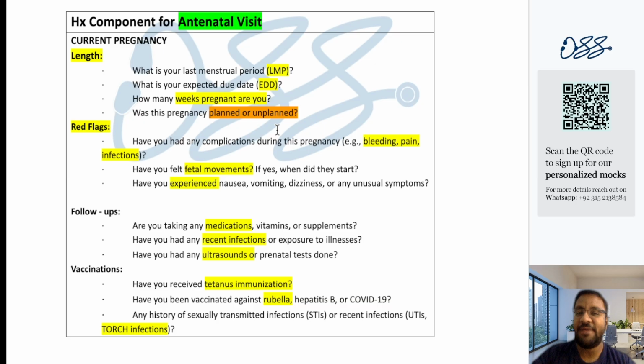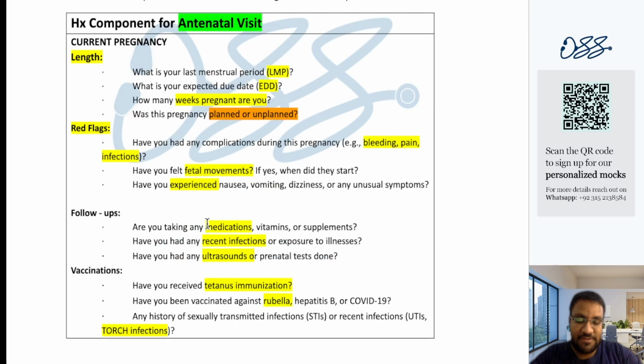It was very simple in those cases because you had mnemonics that help you remember stuff. But in this case, unfortunately, you do not have a lot of mnemonics, and there are different categories that you need to remember: the length, red flags, follow up, vaccination, previous pregnancy.